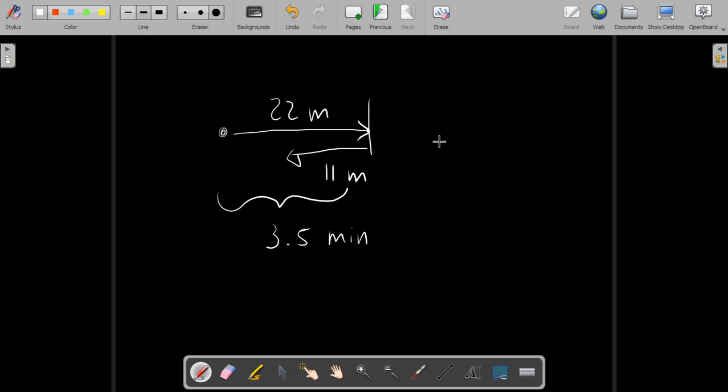Okay, so they want to know the speed and the velocity of the infant. So let me already, in my green, give values for when I need to find the velocity, so I don't forget to do that. For the speed, I'm not going to need them, but I'll need it for the velocity.